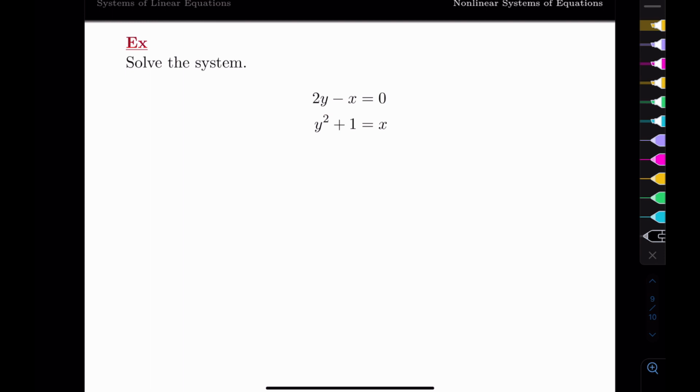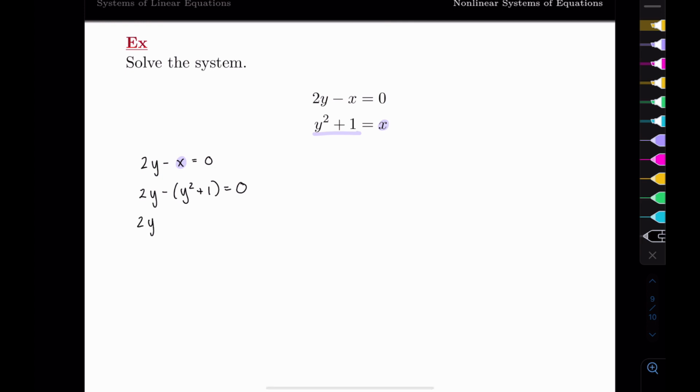So we know that 2y minus x needs to equal 0. And my x better also equal y squared plus 1. So we're going to go ahead and plug that into my equation for x. Okay. So what we ended up doing was creating a quadratic equation.